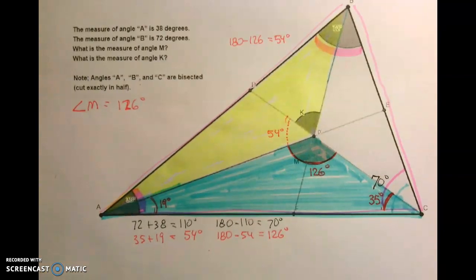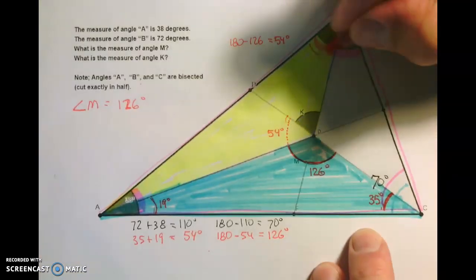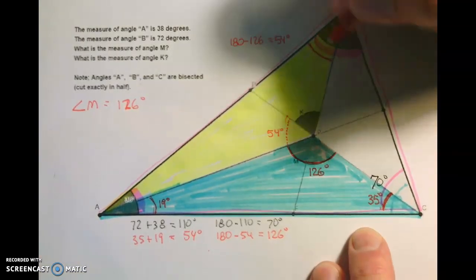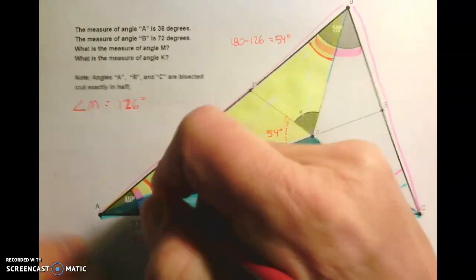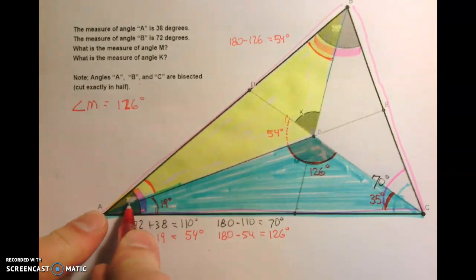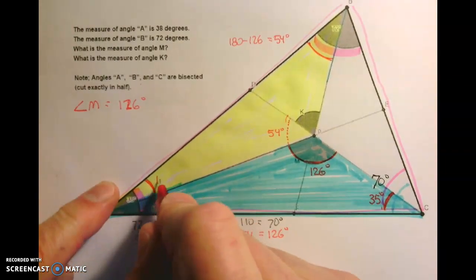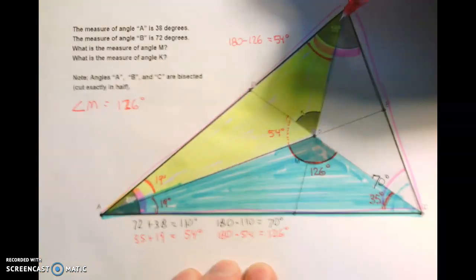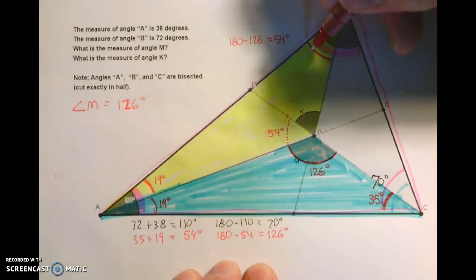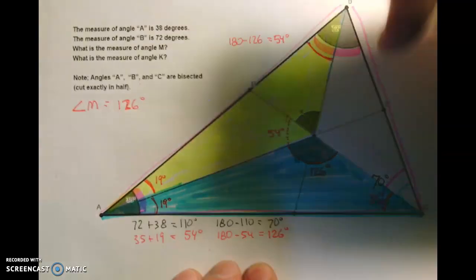And again, the things that are going to help me in my triangle are this one in here. That's one angle in the triangle. And this one in here. And we know those because this is half of that 38, which we already found out was 19. And this one's half of 72, which you do on your calculator, I think it's 36.